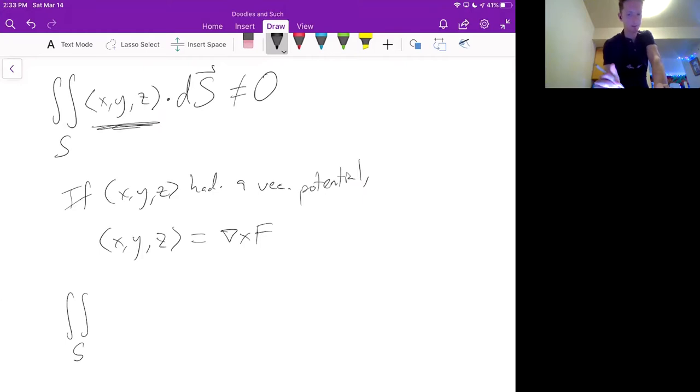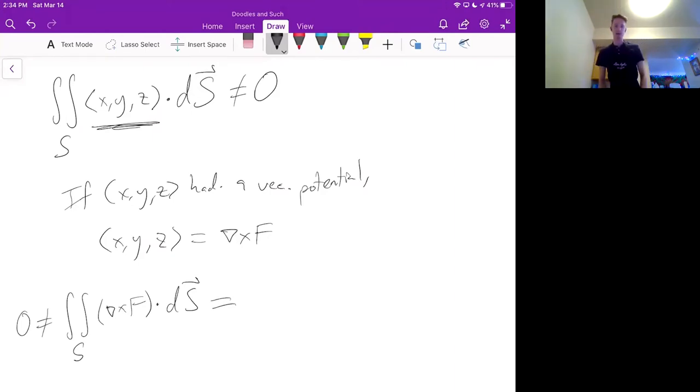Just rewrite what it would mean. So if we had x comma y comma z equal the curl of f, then that flux integral would become this. And we know this is not 0. What else could I do to this integral?